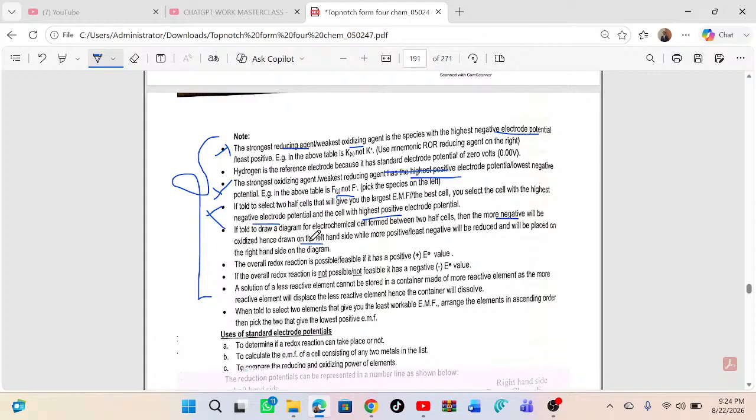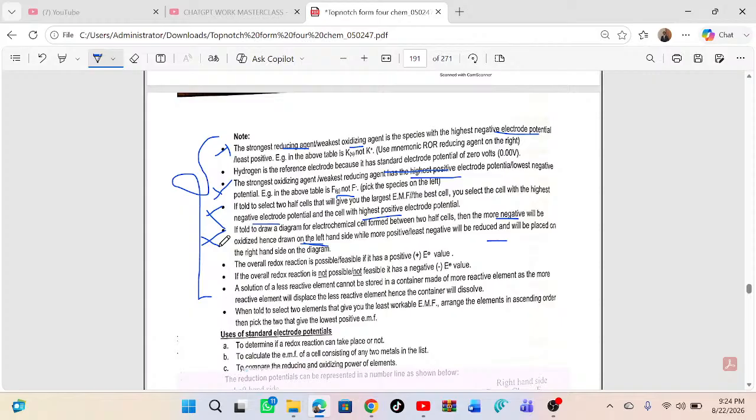So in the electrochemical cell, the highest negative or the more negative will be oxidized. Kitu ukifikia tu imekuwa oxidized, it will be drawn on the left hand side, while more positive or the least negative will be placed on the right hand side on the diagram. So and I think that's another most important point that you have to know.